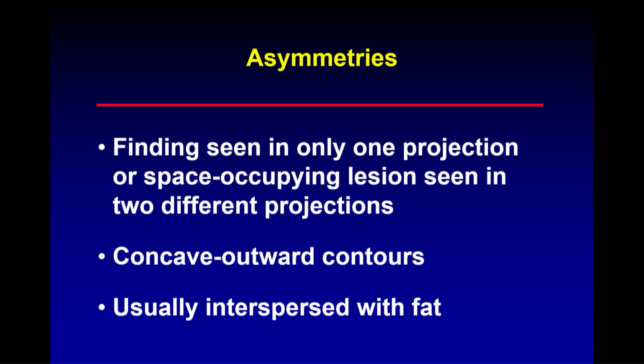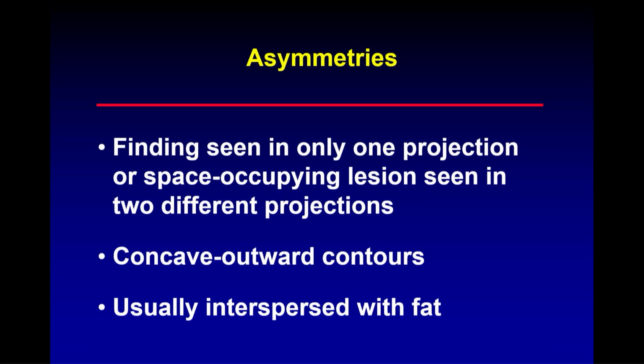Asymmetry is seen in only 1 projection at screening often. At diagnostic, you will have done all the pictures that you need to see whether it really is seen in only 1 projection and it's just superimposed tissue. So you'll eliminate the 1 view asymmetries.